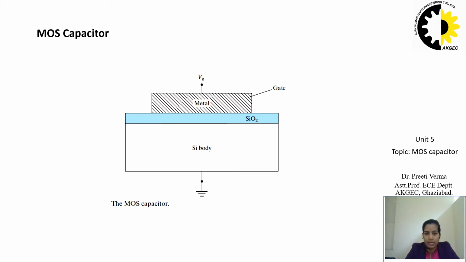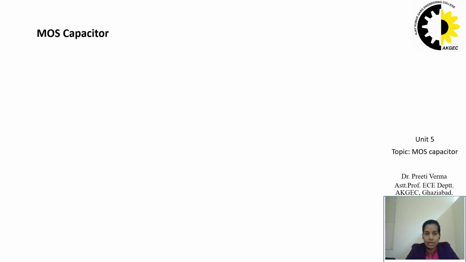After the 1970s, heavily doped polysilicon has been used to make the gate terminal, due to its ability to withstand high temperature without reacting with SiO2. But the MOS name is still there even after replacing the metal layer with polysilicon.